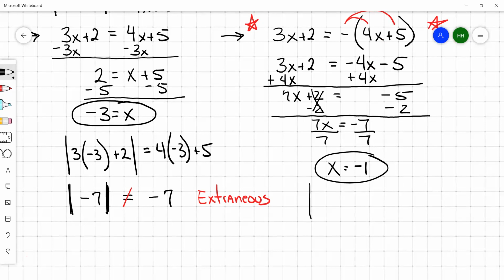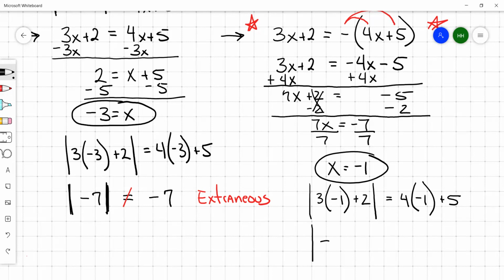Back into the original equation, we take 3 times negative 1 plus the 2, equal to 4 times negative 1 plus the 5. On the left-hand side, 3 times negative 1 is negative 3 plus 2.